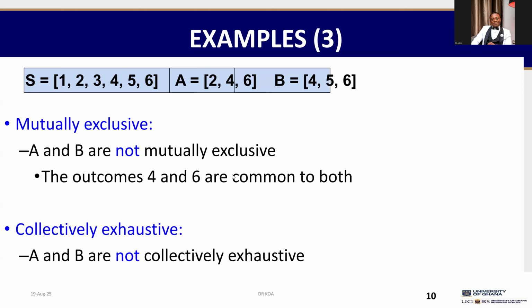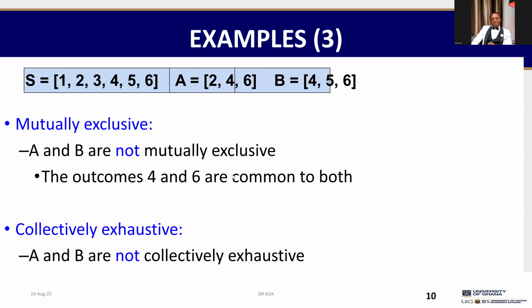Collectively exhaustive means that when you take the elements of A and B and combine them, there are still things they don't have but which are in the universal set. That means they are not collectively exhaustive.